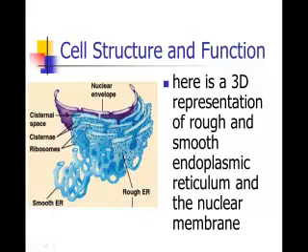So here is the rough endoplasmic reticulum with the ribosomes on the outside. You can see that it is connected to the nuclear envelope. The lumen is continuous from the nuclear envelope to the lumen of the rough endoplasmic reticulum. And then the rough endoplasmic reticulum is also connected to the lumen of the smooth endoplasmic reticulum over here.